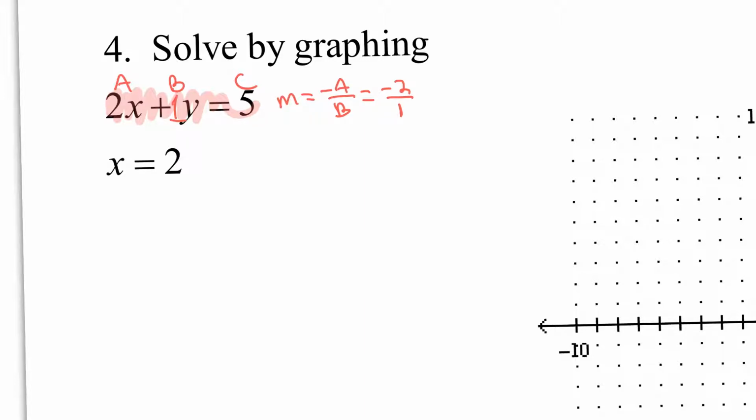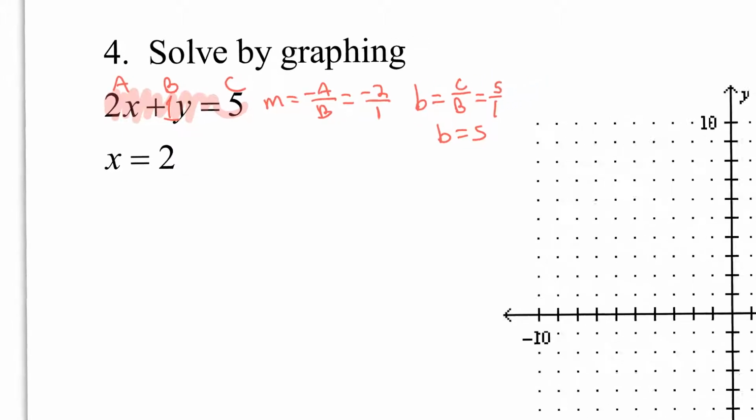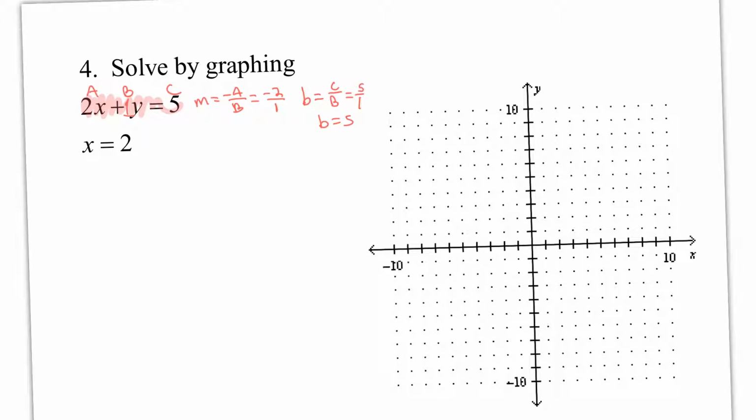And that's a fraction, so we leave it as a fraction, negative 2 over 1, rise over 1. B is c over capital B, so that's going to equal 5 over 1. B, your y-intercept, doesn't have to be a fraction, so that simplifies to 5. Now you guys will graph it. You're going to the y-axis at 5.